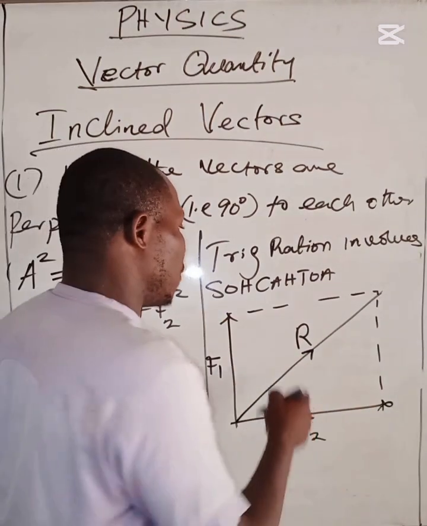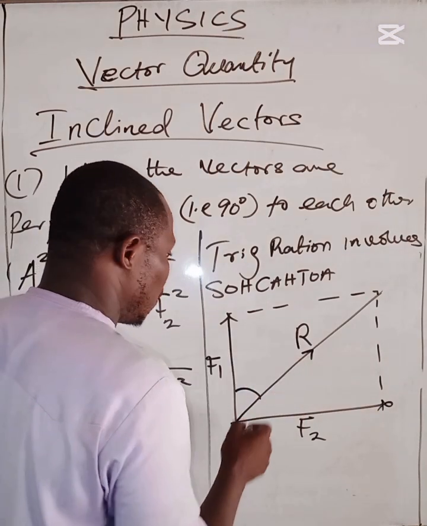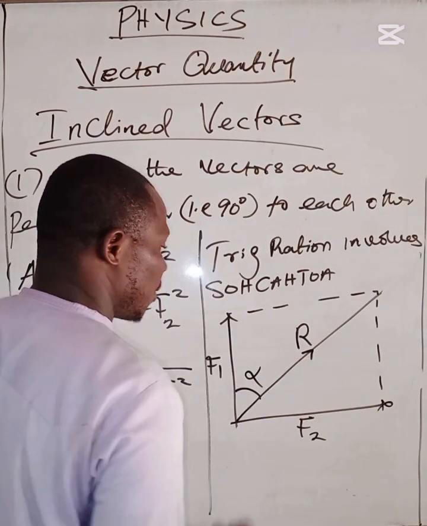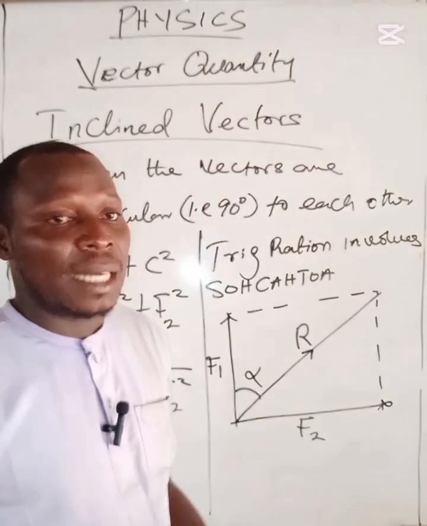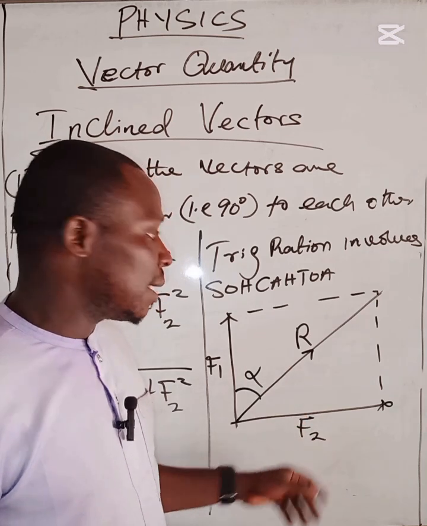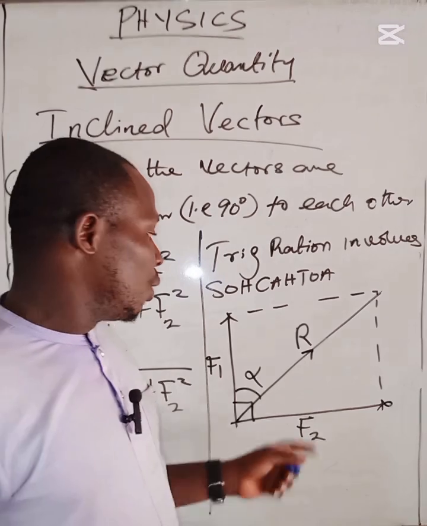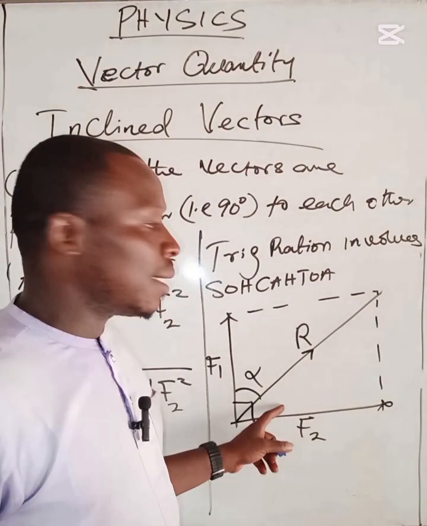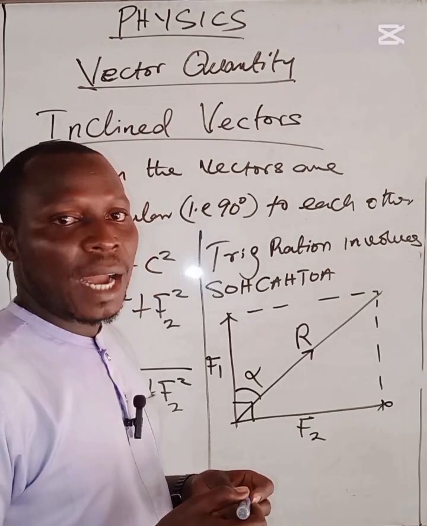The bearing of this resultant is going to be the angle between the resultant and the north. So I can decide to call the angle alpha. You can also decide to find the angle between the resultant and the east. When you get it, knowing that from this point to this point is 90 degrees, you subtract whatever you get from 90 to get the angle here. So you can as well solve it that way to find the direction.